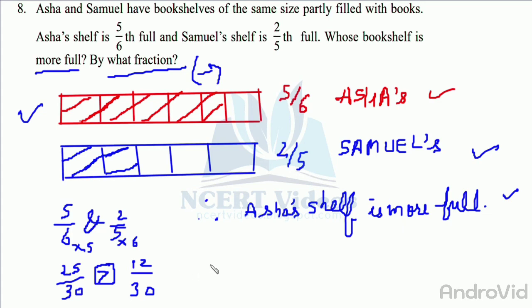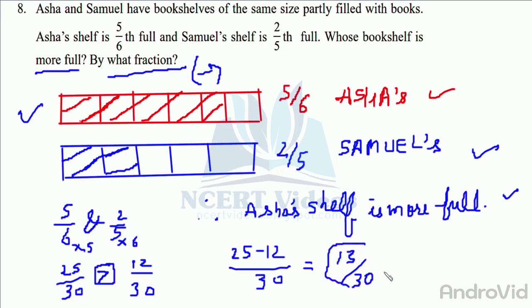That could be found by subtracting 12 over 30 from 25 over 30. 30 is common, therefore 13 over 30 is the amount.